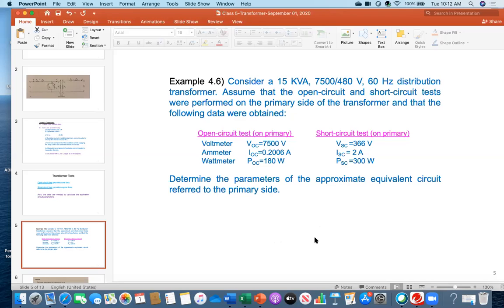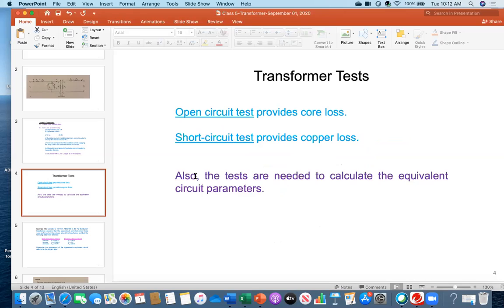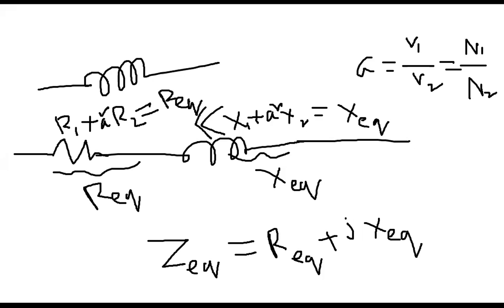Those are the 6 parameters. Before going to the problem, I will show you how you can conduct those two tests, and why I said these things. So once again, let me take you there on the board, so it will be clear to you.